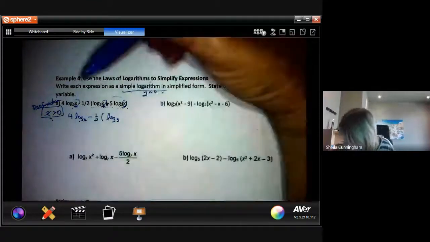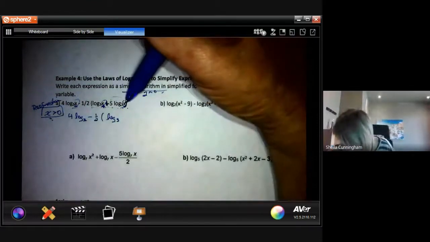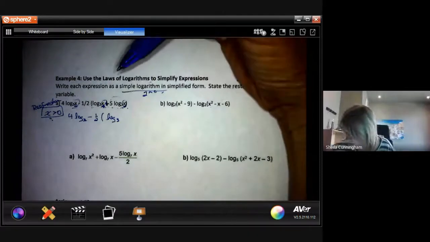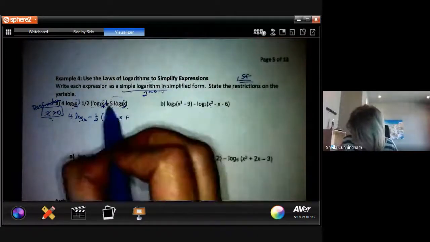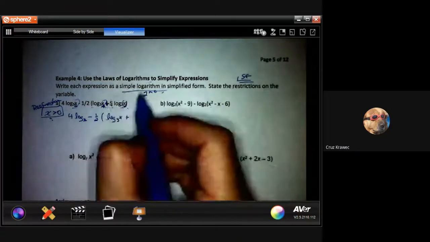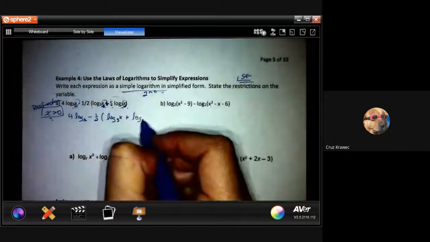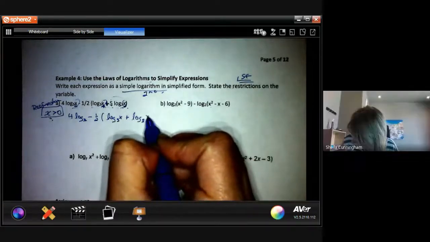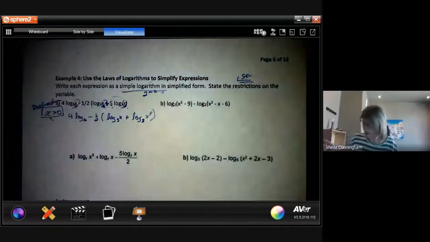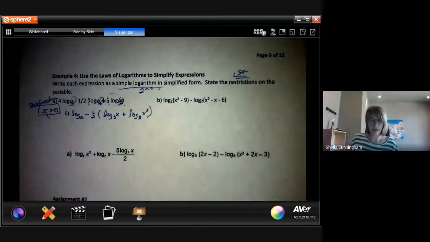Okay, what's happening here with the 5 log 3x? Do I need to write that differently first, maybe? Yeah, it'd be log 3x plus, oh no, not plus 5. The 5 would be an exponent. Yeah, okay, I agree with that.